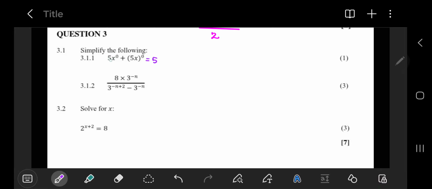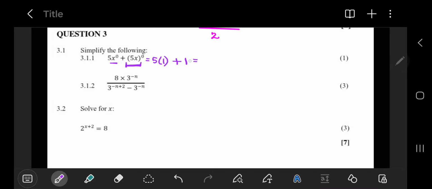So we've got 5 being multiplied by 1. This x to the power 0 is 1. On to that, inside the bracket we have 5x to the power 0. Now, no matter what you have inside the bracket, as long as it is raised to the power 0, it is equal to 1. So this entire term here is equal to 1.